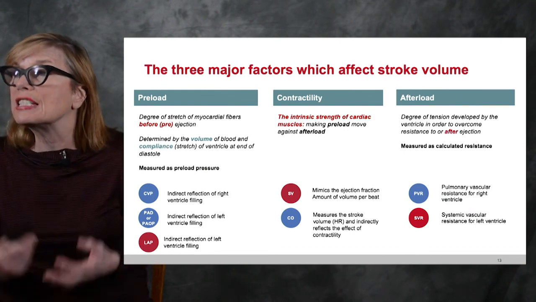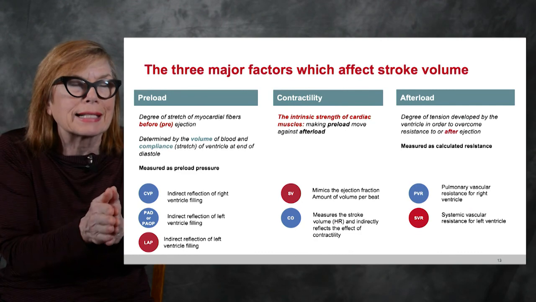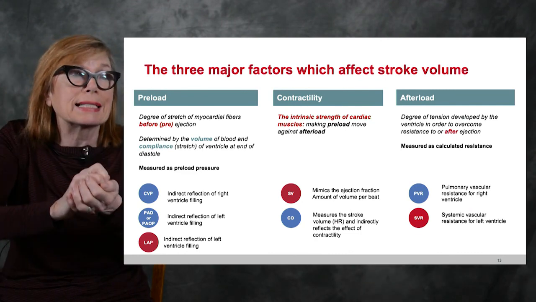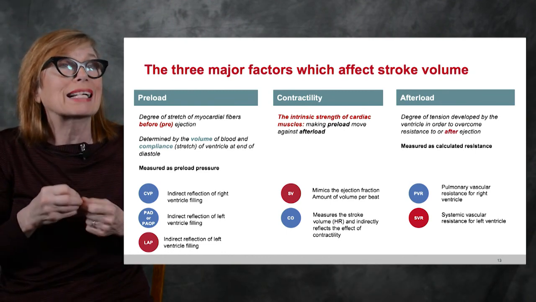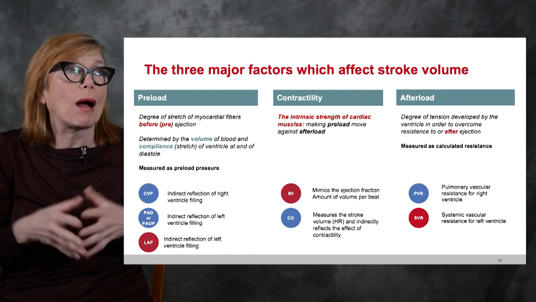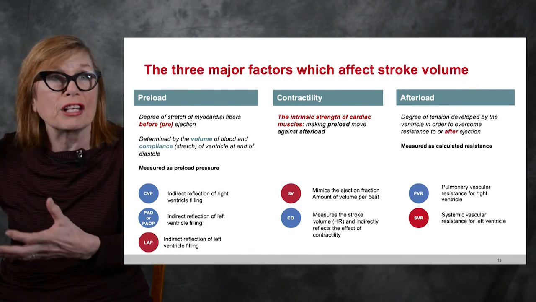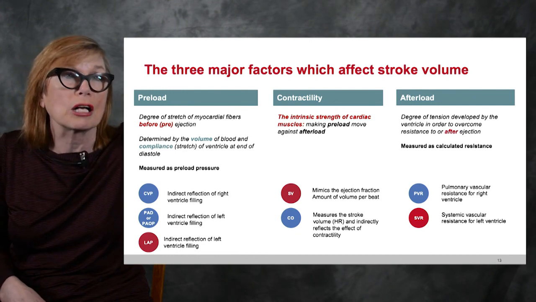Contractility is the intrinsic property of the myocardium to contract, taking the filling volume and translating that into a ventricular ejection. It is the intrinsic property of the myocardium to contract, to move the blood that filled it against the resistance for ejection.